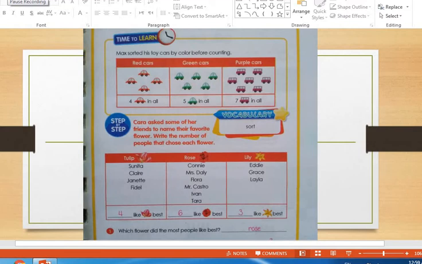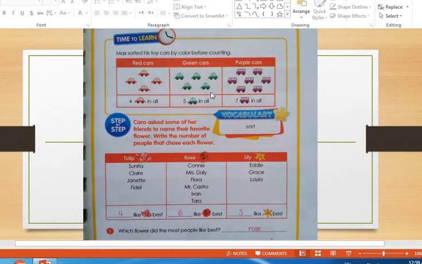Now I want you to know that we have sorting and counting. What does sorting mean? Sorting data means counting each group of data together and writing the total of each group in a table. It means to organize your information.